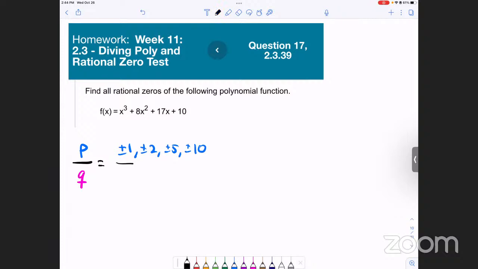Those are the factors of 10. And we got fortunate that the leading coefficient is 1, so it just ends up being just the numerator.